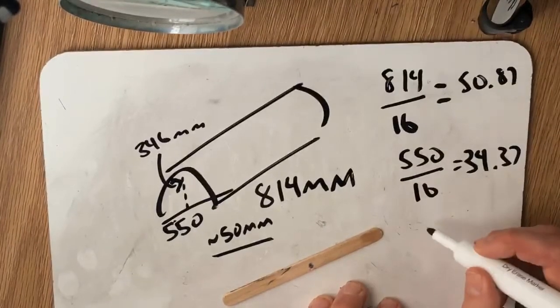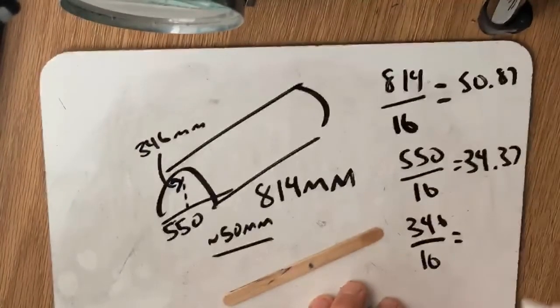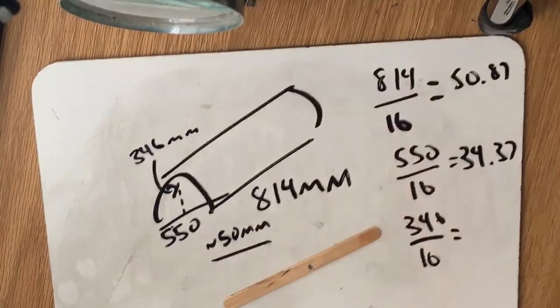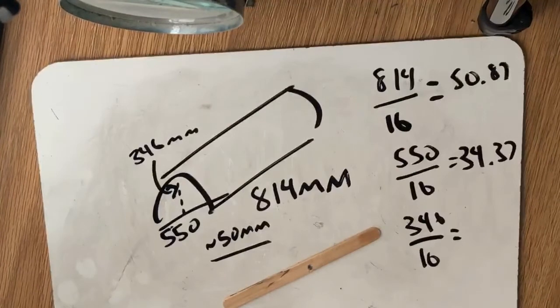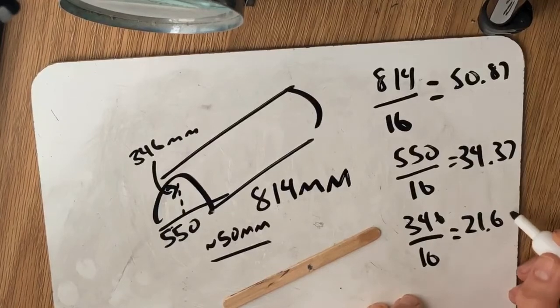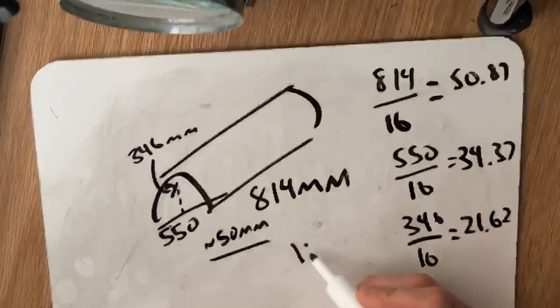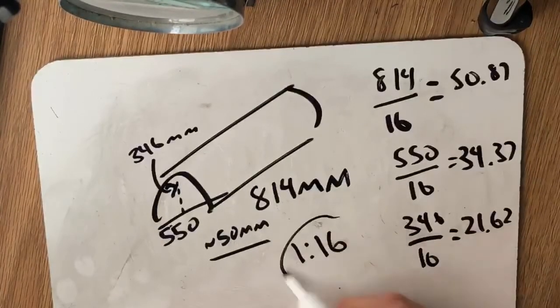And then I do the same with the height, 346 divided by 16, which gives me a height for my model in millimeters of about 21.662 millimeters. And that is my scale of 1:16.